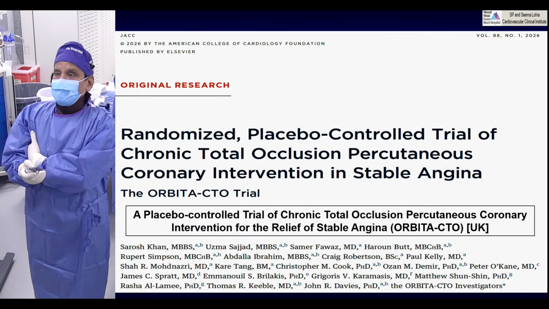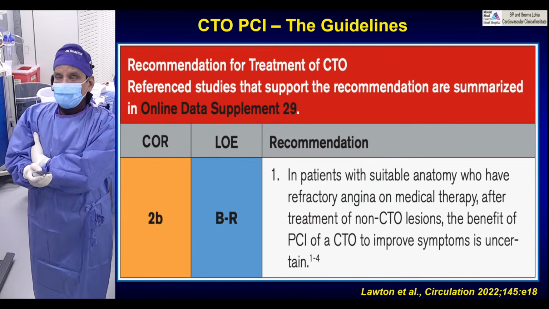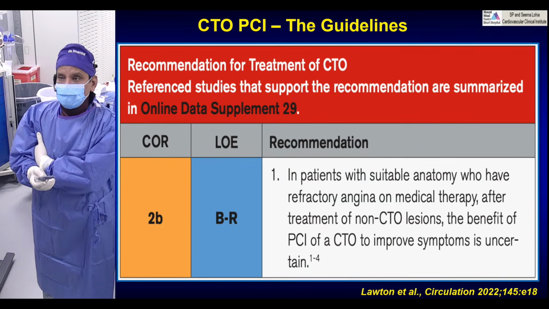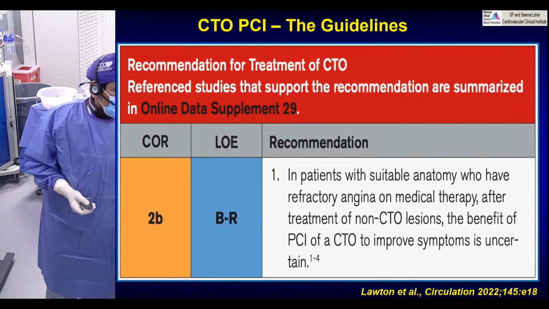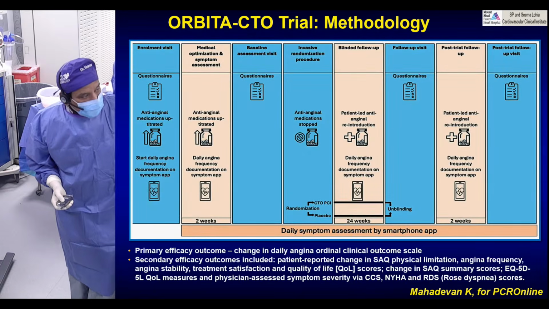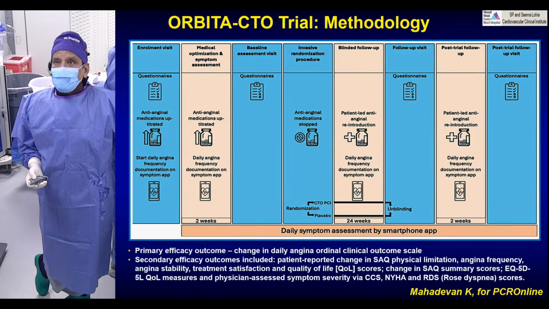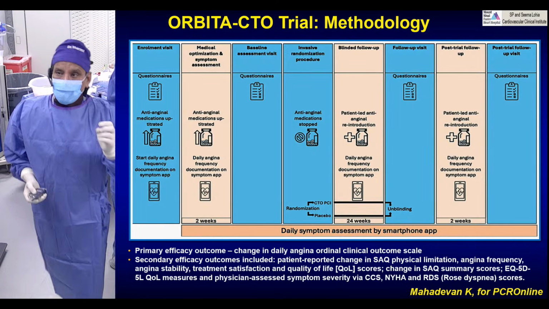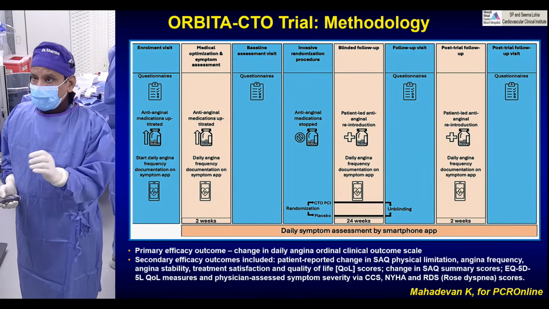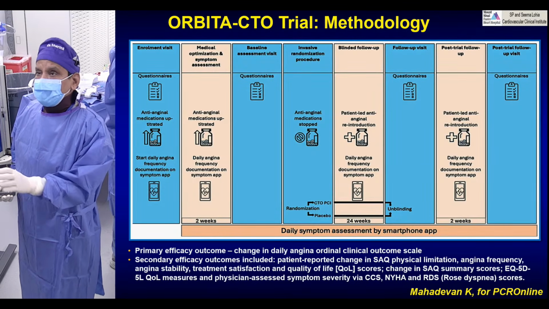So this was the ORBITA CTO trial, where there is a one-vessel occlusion, and we know that CTO recanalization is now 2B. Why? Because we have 5 major trials which have shown no long-term benefit. And so that is the major reason. What they did is their usual pattern: after the initial assessment and baseline characteristics, you tell the patient on their iPhone to report their angina status, how many angina episodes, how long they last, and so on and so forth.